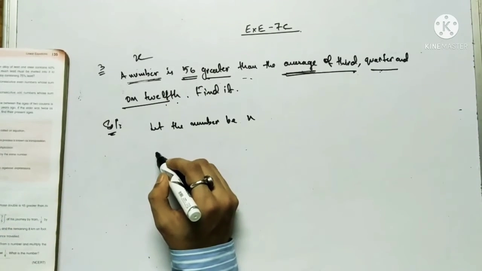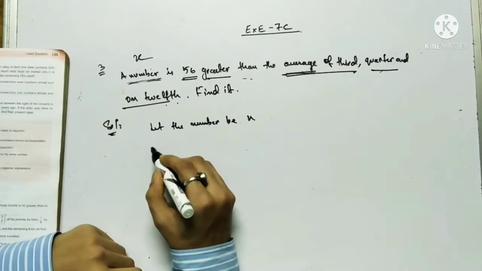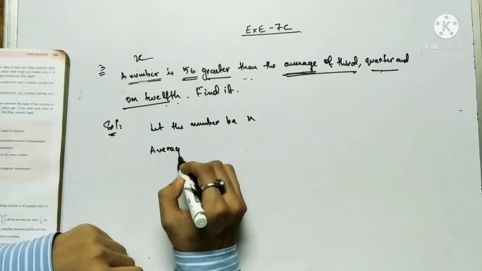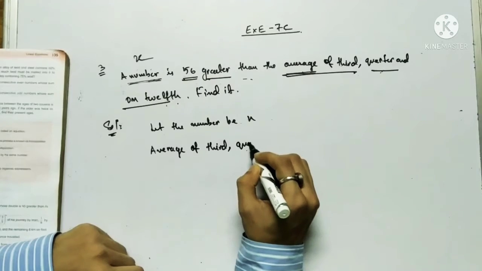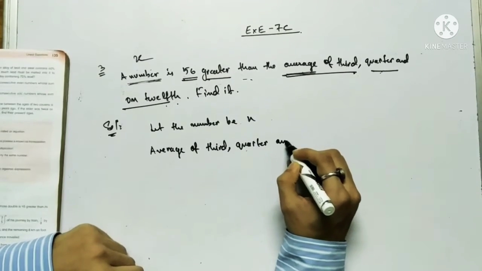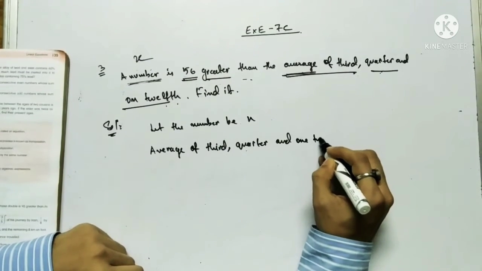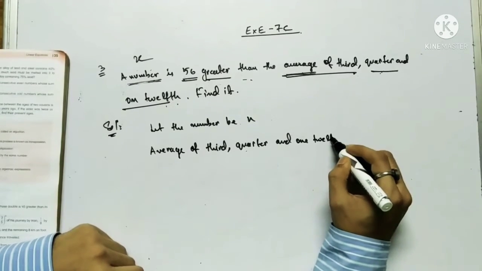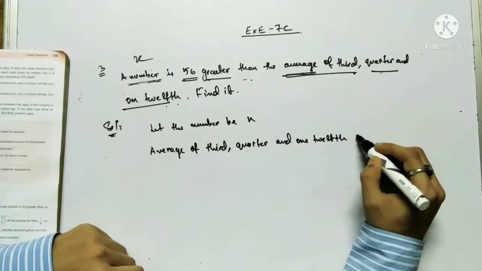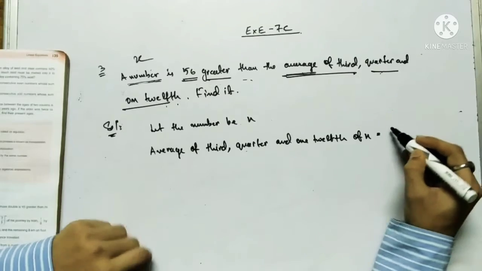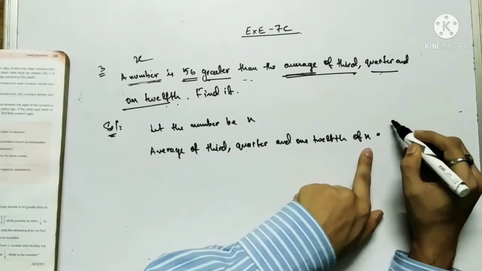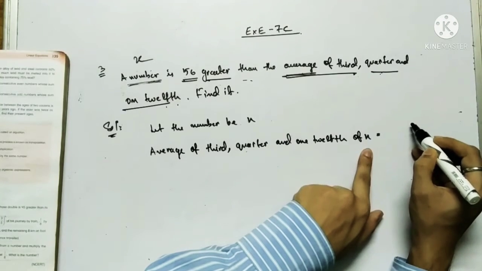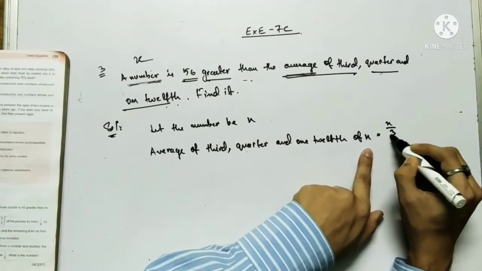Next, average of third, quarter and 1/12 of x, this will be equal to average of third of x, that means 1/3 into x, ultimately it will become x/3.